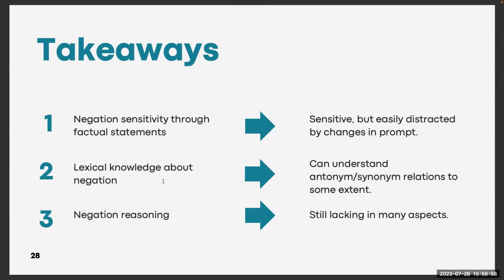For lexical knowledge, they also understand the relation to some extent, but also depend on how we frame the task. A completion task would perform better, but for classification tasks they don't perform well at all. And for negation reasoning, those models are still lacking in many aspects.